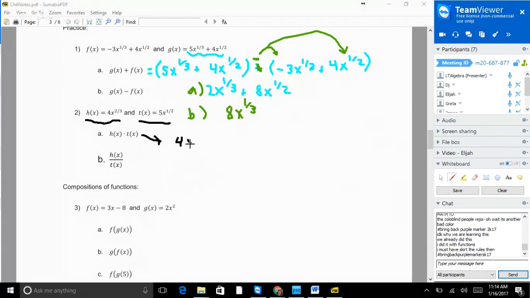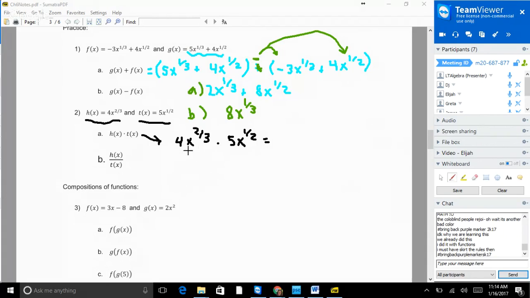So 4x to the 2/3 power times 5x to the 1/2 power, right? Now, this is where last Monday we went over all those exponent rules. So they're coming back again, right?